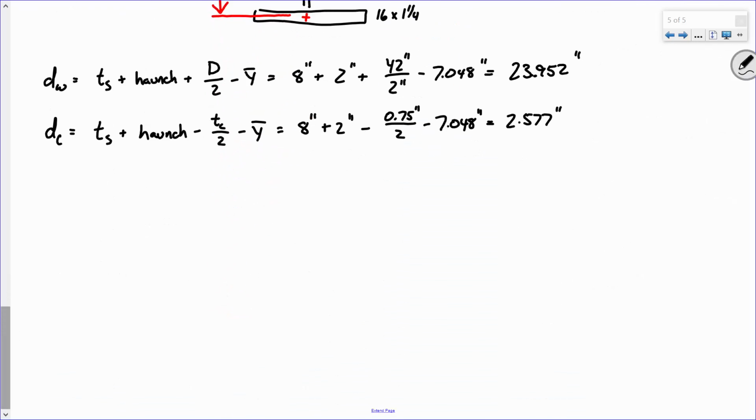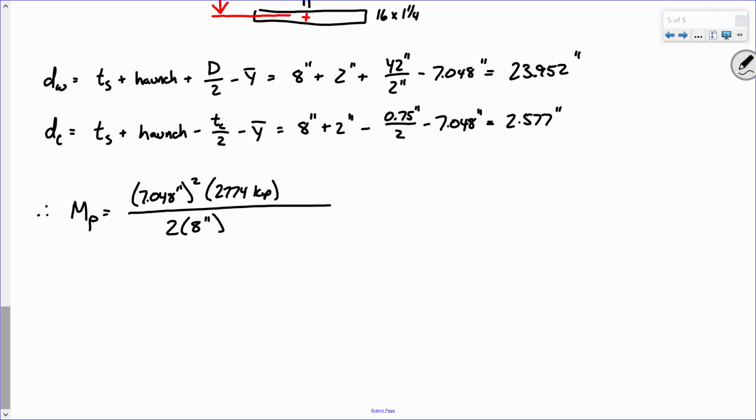Okay. So I propose that MP equals, we got a little bit of plug and chug ahead of us, but we'll get there. So we have y squared, which is 7.048 squared times P sub S, and P sub S was 2774 kips, right? And then 2 divided by 8 inches.